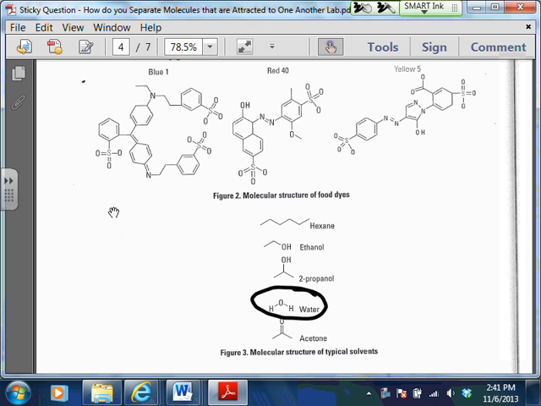Anyway, I looked at your water earlier and it had moved. So your water probably would be the best. 2-propanol, I'm guessing, would be the next best. Then the ethanol. These might be kind of close, just looking at the structures of them.